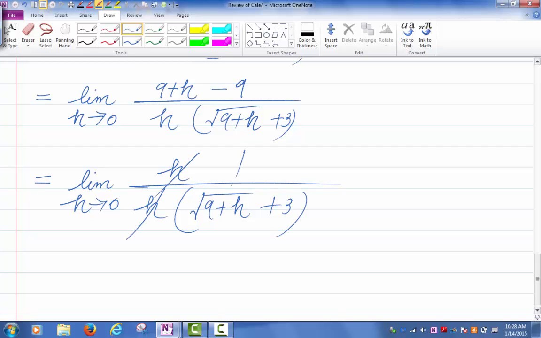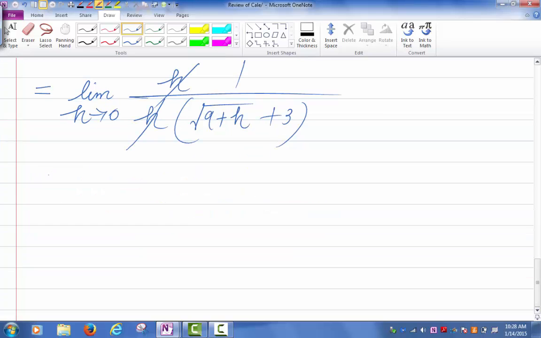H cancels out. Now you plug in h equals 0 again. If you plug in 0 for h, what do you end up with? 1 over root 9 plus 3, which is 1 over 6. Is everybody okay with that?